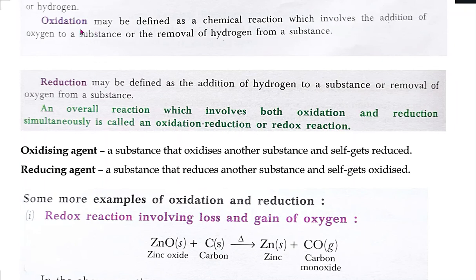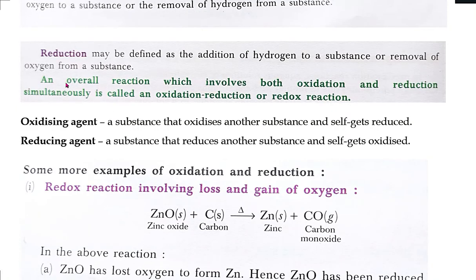Oxidation is addition of oxygen and removal of hydrogen, while reduction is addition of hydrogen and removal of oxygen from a substance. An overall reaction which involves both oxidation and reduction simultaneously is called an oxidation reduction reaction, or simply a redox reaction.